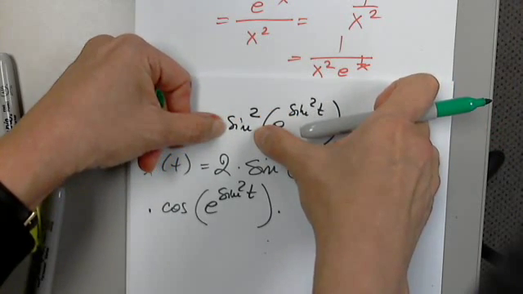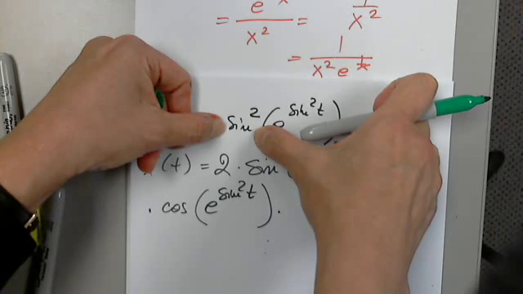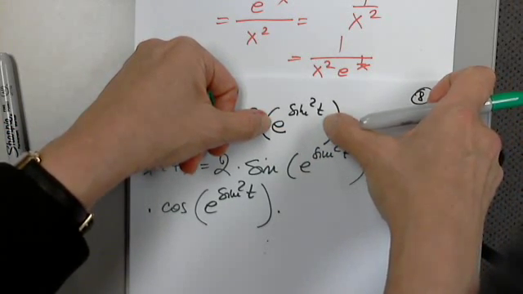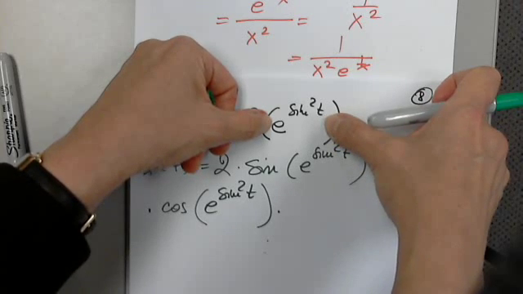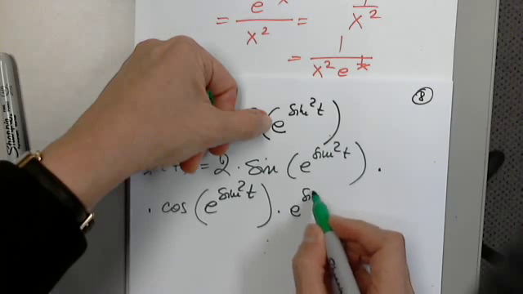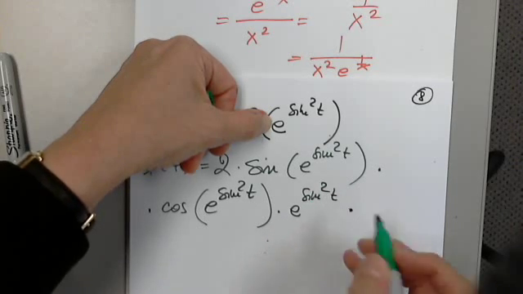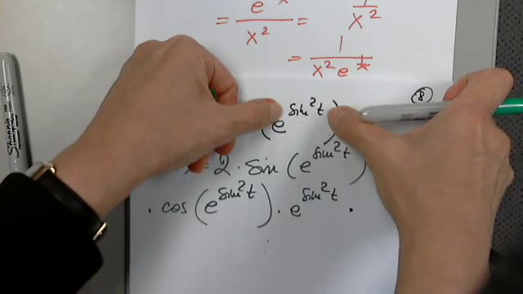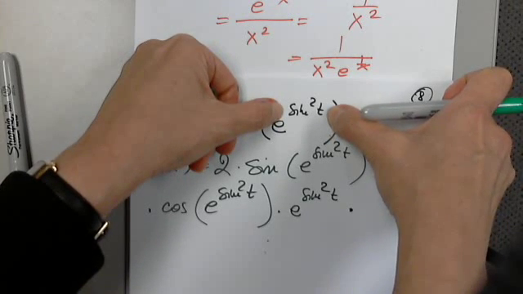Okay, so now, one more time, I dealt with this, which is the outermost. I dealt with this, which is the next in line. Now I need to deal with this. How do I differentiate e raised to a function? It's e to that function times the derivative of the innermost function. How do I differentiate sine squared?